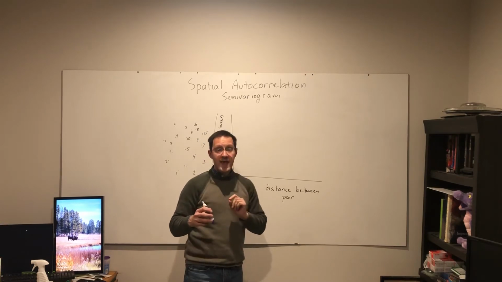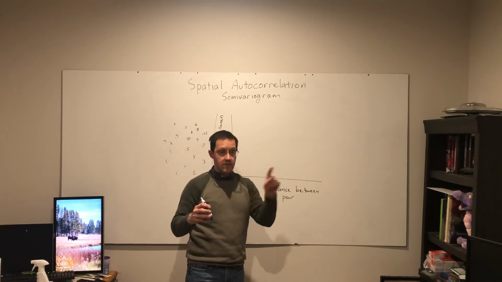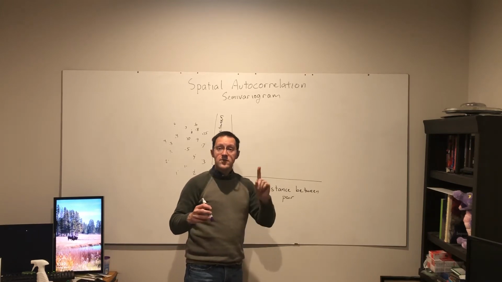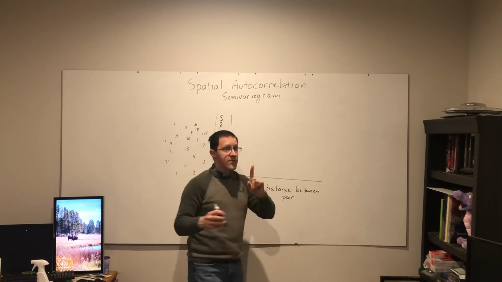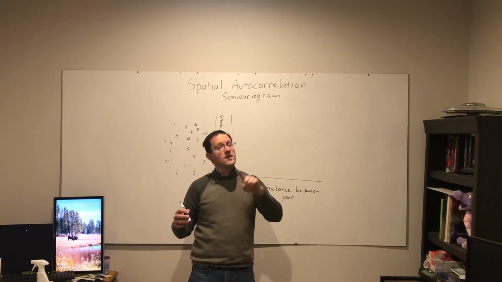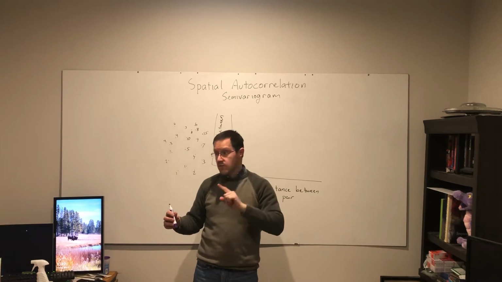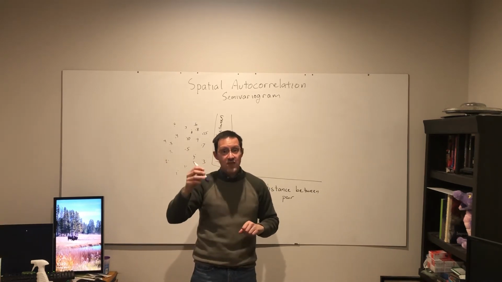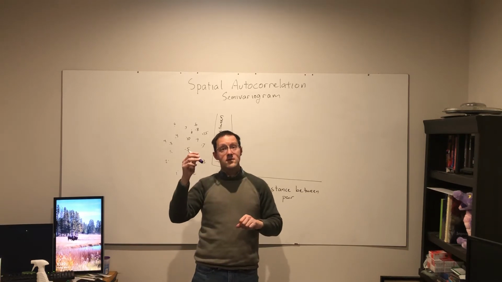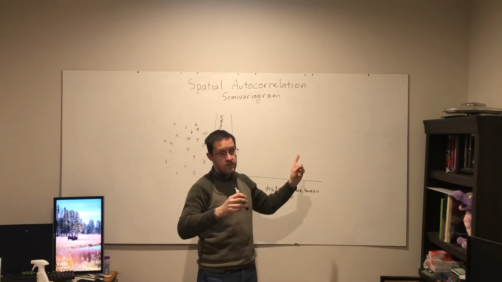So if I am looking at 55 counties for West Virginia, or one observation per county, then I would have not 55 points here, but 55 times 54. If I have 100 points of observation, then I'm going to have 9,900 points in my scatter plot.